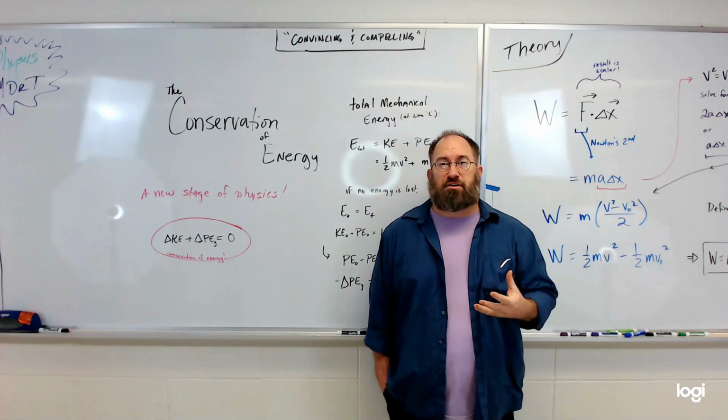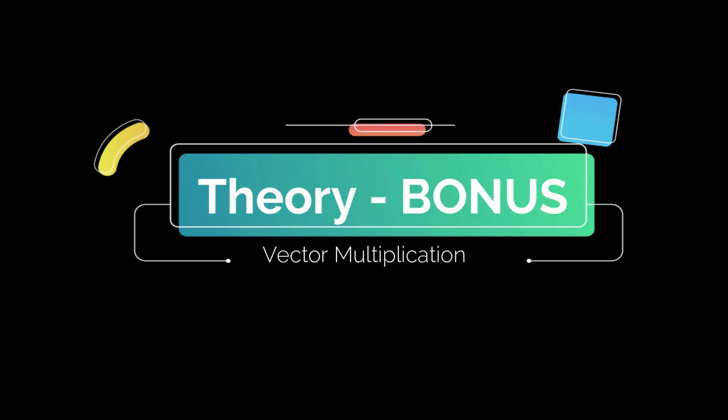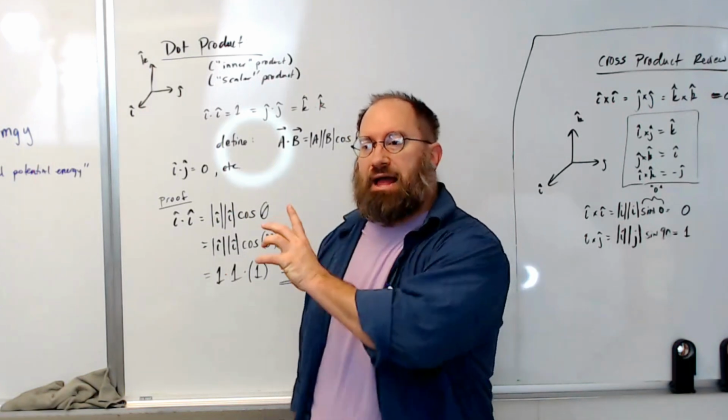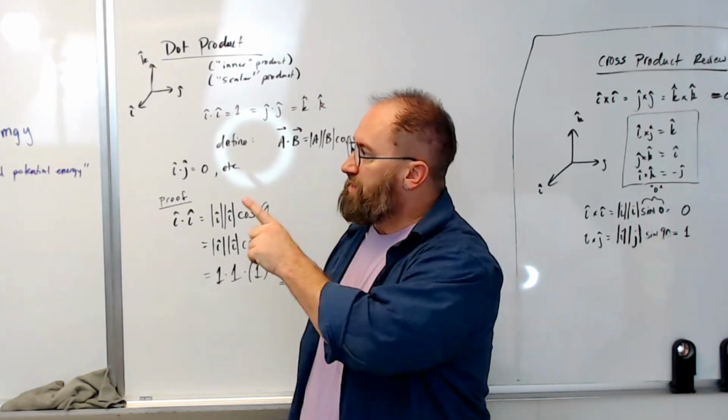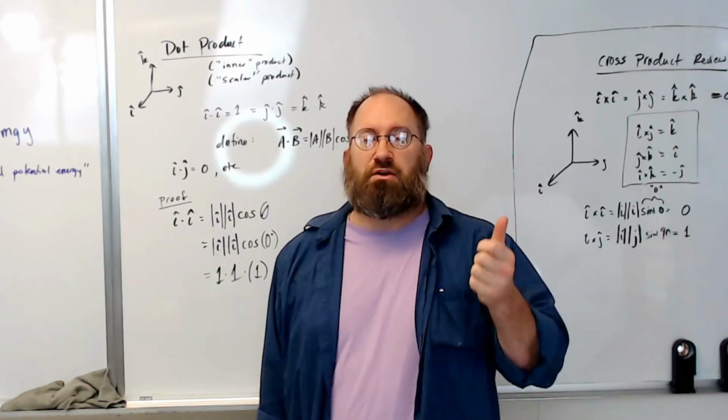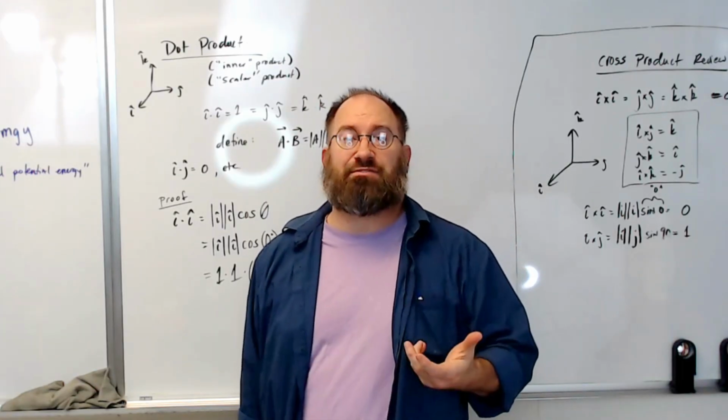So now that we have definitions for the concept, let's take a quick look at the mathematics that are underlying the multiplication of the vectors, force times delta x, in order to give us back a scalar.